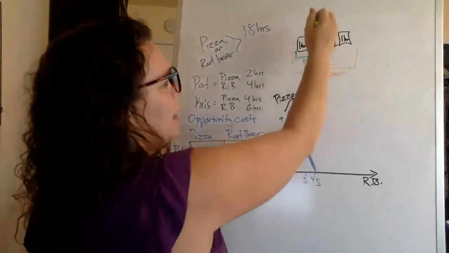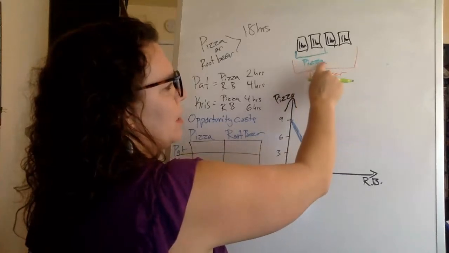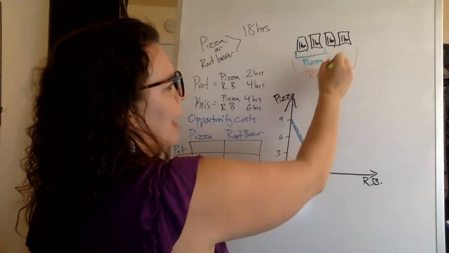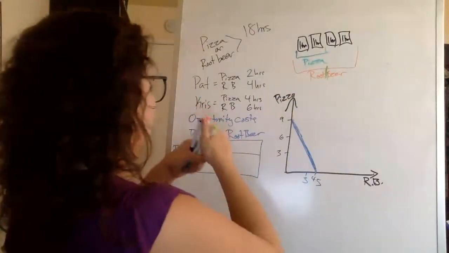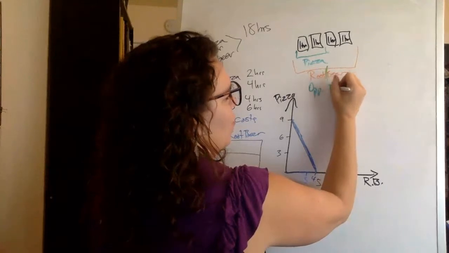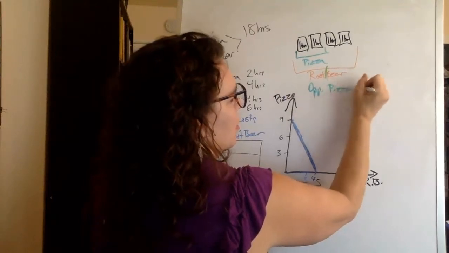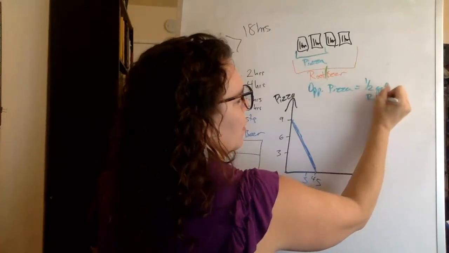In fact, if it takes 4 hours to make a gallon of root beer, in the 2 hours it takes to make pizza, Pat can only get halfway through that gallon of root beer. So the opportunity cost of pizza is 1/2 gallon of root beer.